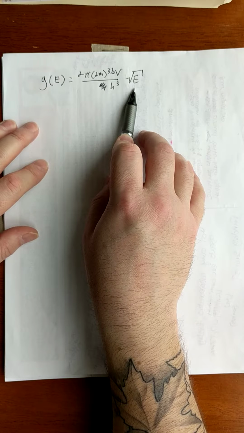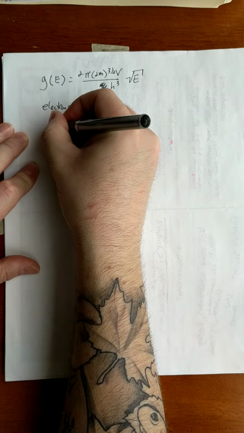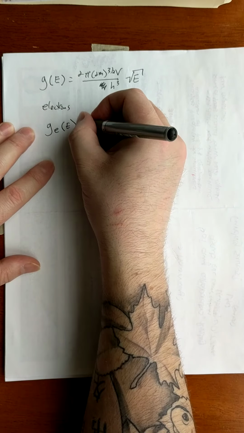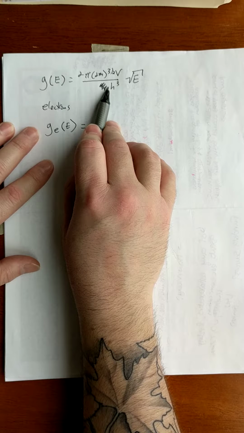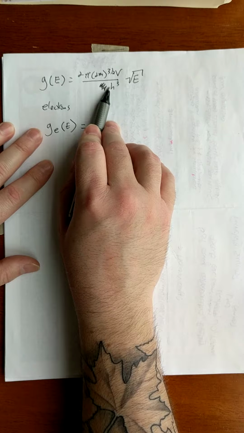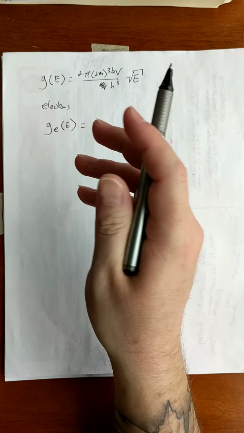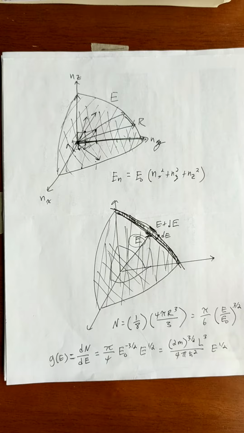So, if we think those particles are electrons, for example, the density of states for electrons. Well, now we're going to multiply this guy by 2, because electrons can have 2 states. So this was for particles flying around in a box, right?